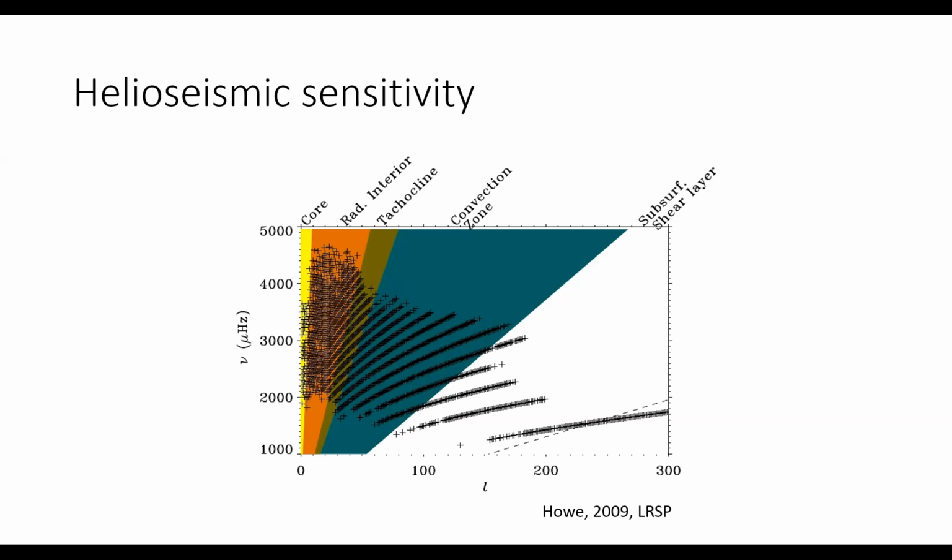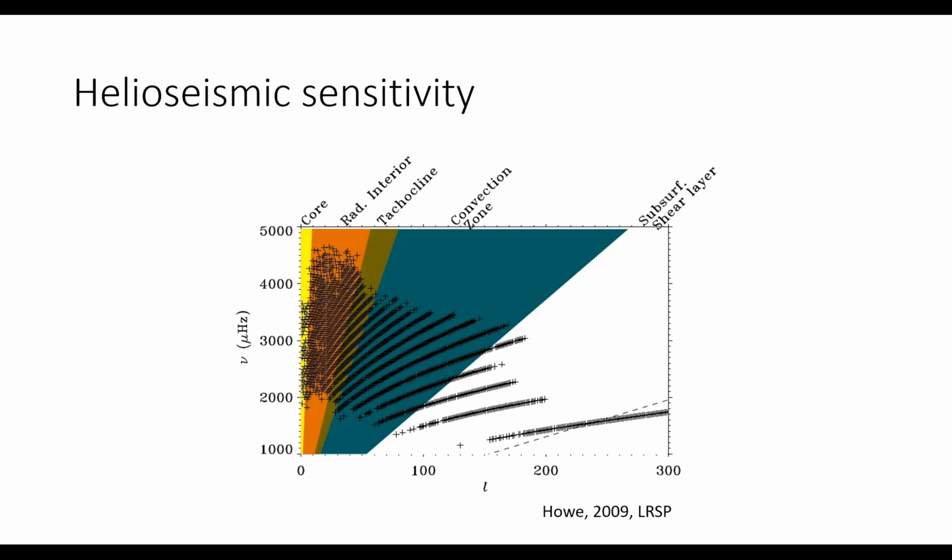Low degree modes give you sensitivity in the interior, and then you have these wedges through the n-ν diagram that sample different parts of the solar interior. And you've got this narrow wedge right here, which gives you sensitivity to the tachocline. So those are the modes that we're looking at.